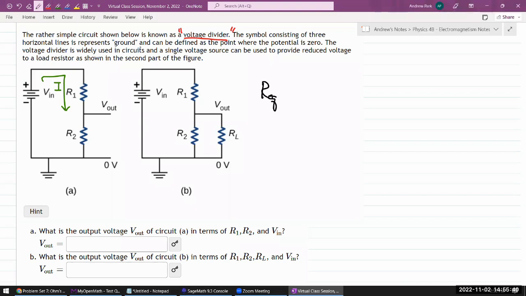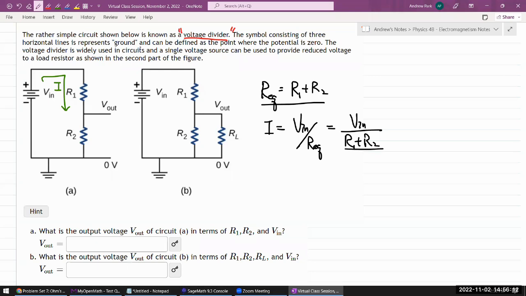The equivalent resistance of these two series resistors will be R1 plus R2. With that equivalent resistance, using Ohm's law, the current through this circuit will be the voltage you apply divided by the equivalent resistance, V in divided by R1 plus R2.